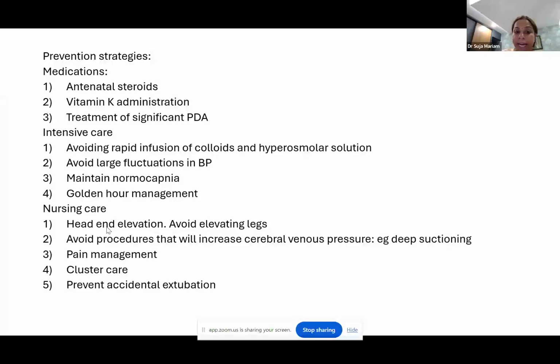Nursing care: head elevation, avoid elevating the legs during diaper change, avoid procedures that will increase cerebral venous pressure, for example, avoid deep suctioning. Pain management, cluster care, and prevent accidental extubation.